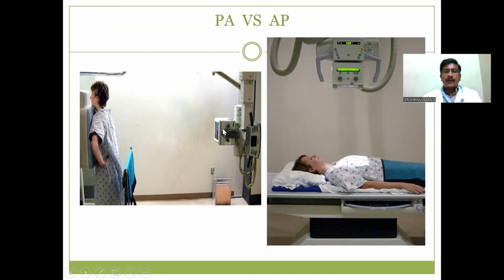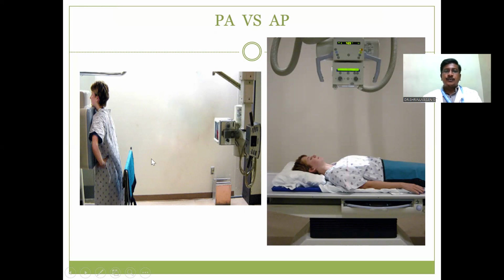When X-rays pass through the posterior and go to the anterior and enter the film, we call it PA view. And when the X-rays are exposed to the patient from the anterior aspect to the posterior aspect and then to the film, it is called AP view.